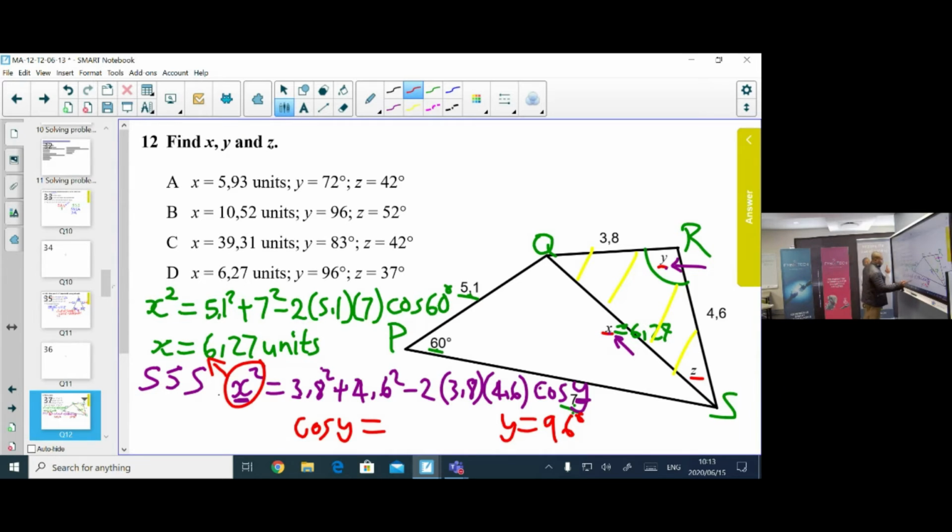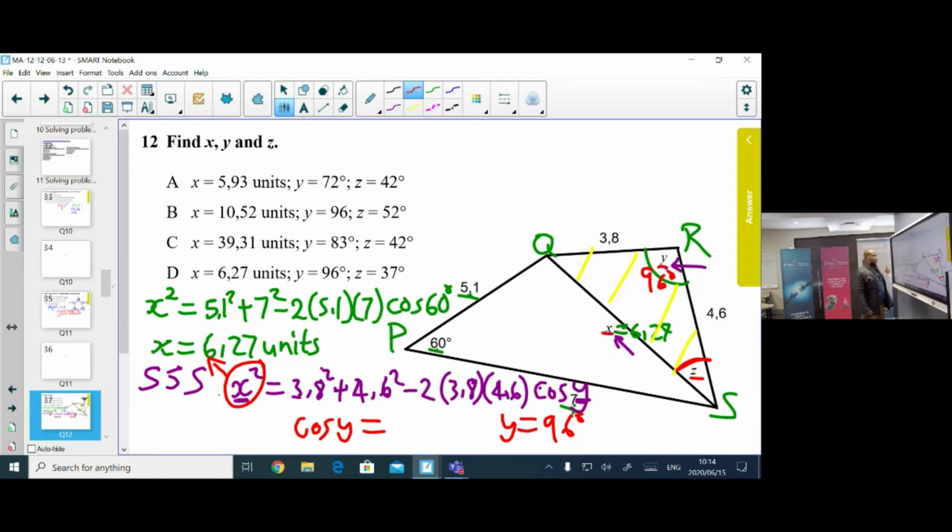So you need to find your arc cos, and then you get your y. To get your z, z is also an angle, and since you have your y, which is 96 degrees, which you must populate on the diagram, to get your z, you can use the cosine rule.